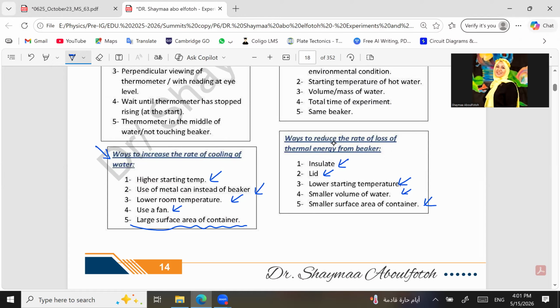Now, if I need to reduce the rate of cooling, I will use a smaller volume of the water. But if I need to increase the rate of cooling, I will use a larger volume of water. Okay? These are the tips and tricks related to thermal physics.